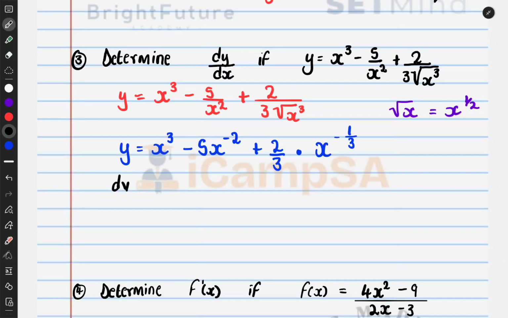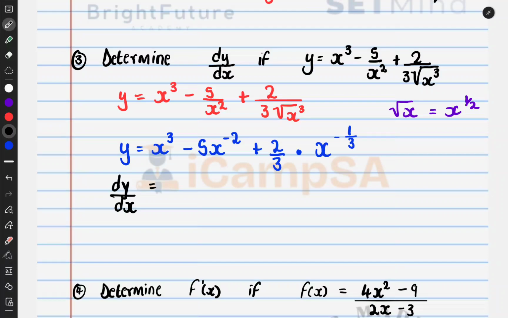So therefore dy/dx is equal to, remember the sum and the difference rule, we treat each term separately.